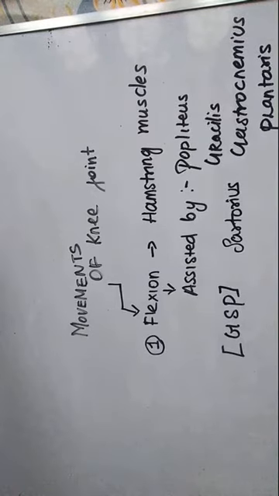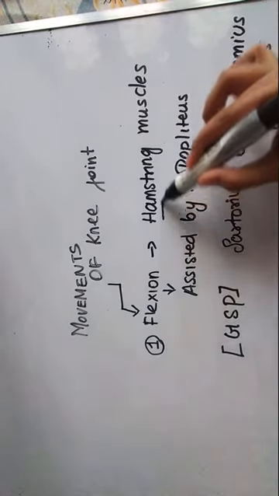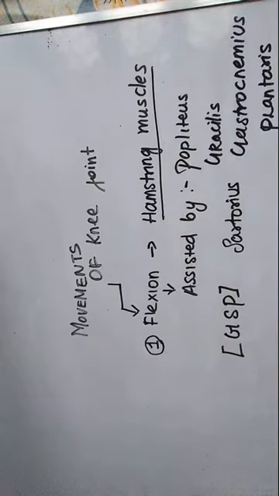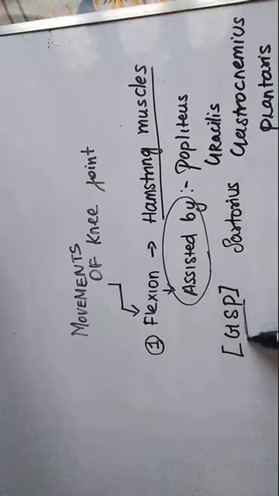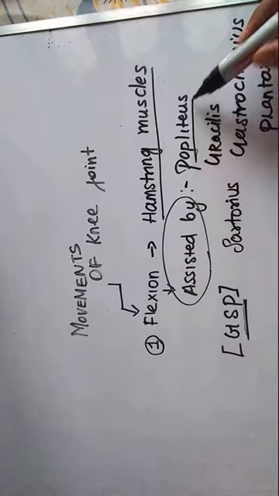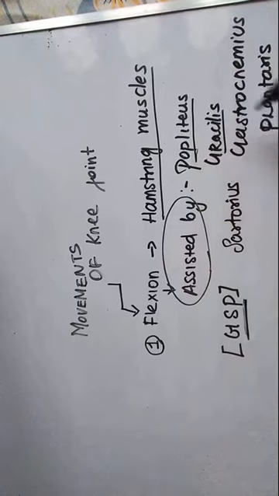In order to remember these muscles, you would have studied the muscles of the lower limb. If you know about it, you can easily write all these things on your own. The main muscle, as I said, is the hamstring muscle, and this flexion is assisted by, remember the mnemonic GSP: popliteus muscle, gracilis, gastrocnemius, plantaris, and sartorius muscle.